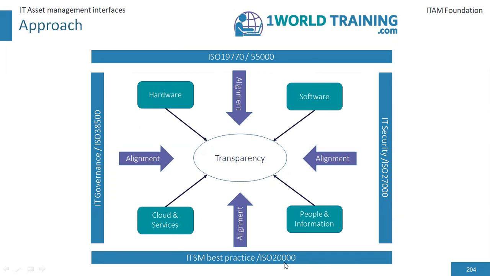When we talk about ISO 20K, then it is cloud and people and information asset management. And when we talk about ISO 38500, this is for cloud, right? It's a standard for cloud. So we are talking about hardware and cloud services. The purpose of all these standards is to bring alignment and provide transparency to all the IT assets that we have.